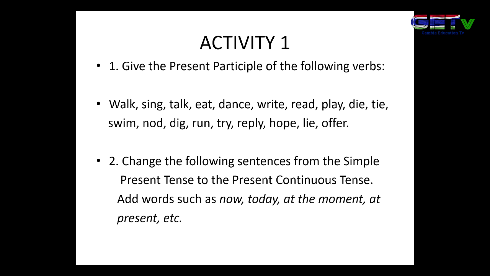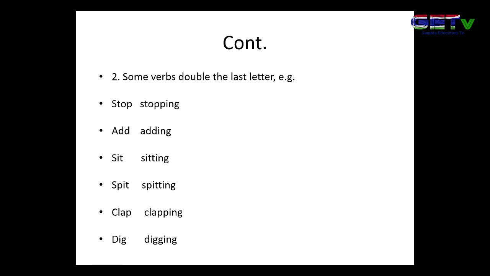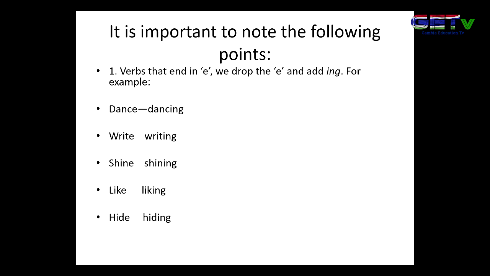Let's have a few activities here. Or before we do that, let's go back a little bit and emphasize a few points here. Verbs that end in E, drop the E, add ing. Dance becomes dancing. Write becomes writing. Shine becomes shining. Like becomes liking. Hide becomes hiding.